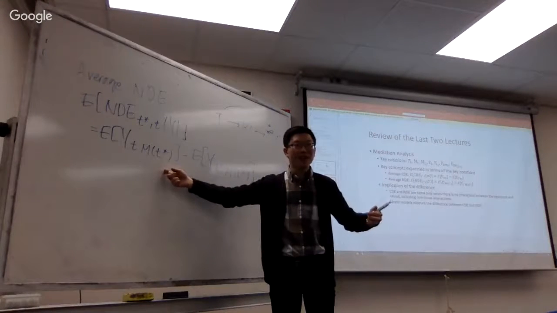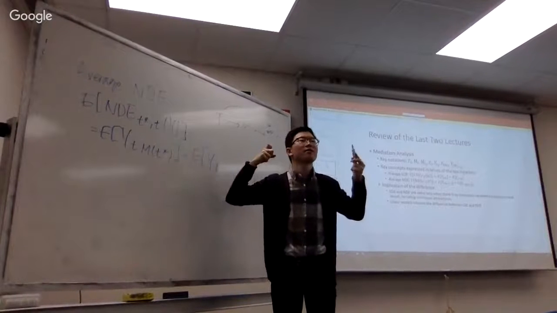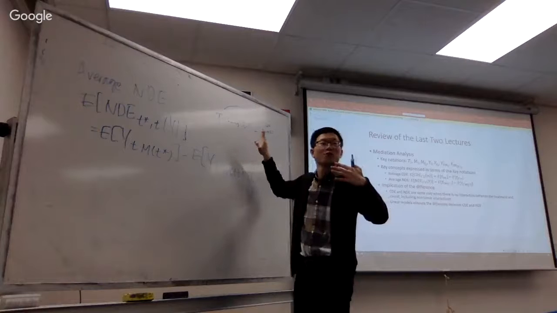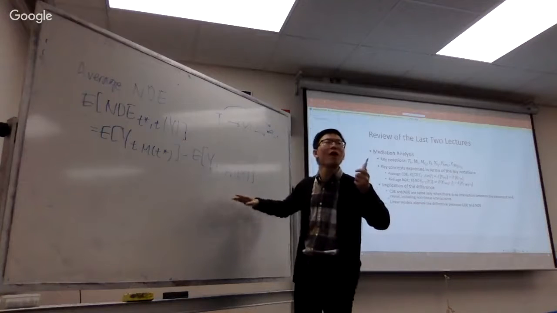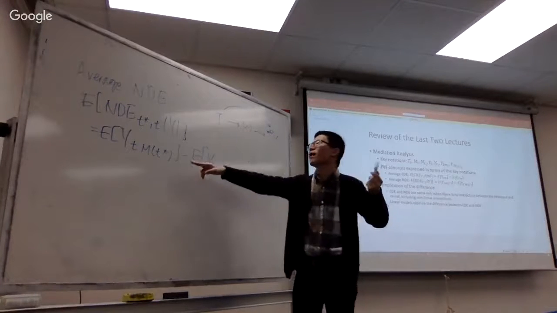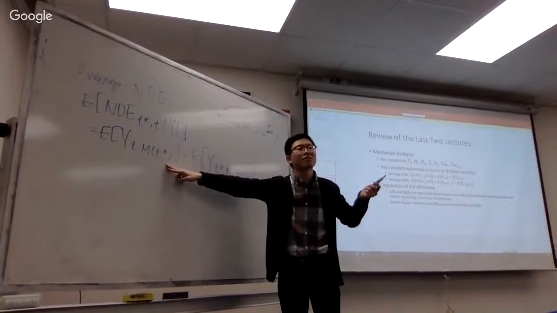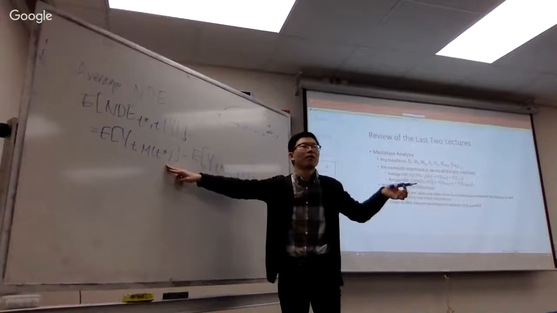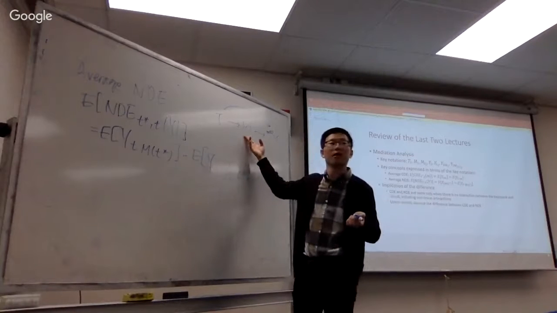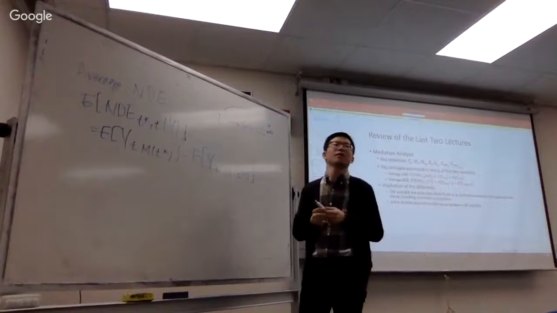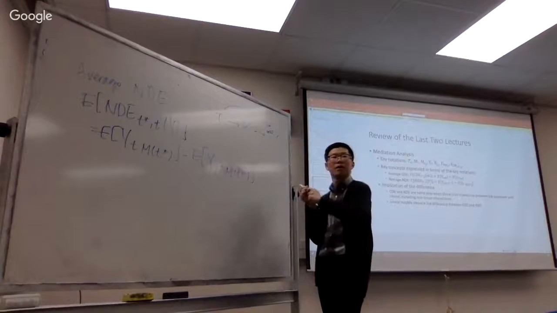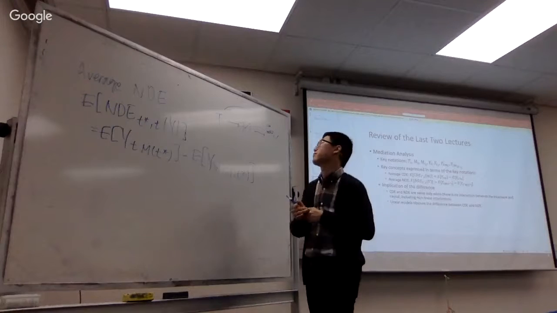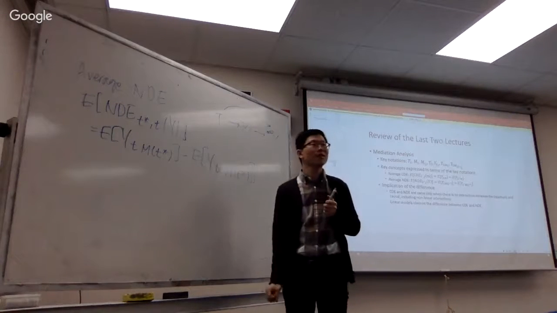What NDE does is to set the level of M to the potential outcome of M when the treatment is T asterisk, or let's say 0. Good. Questions? No.